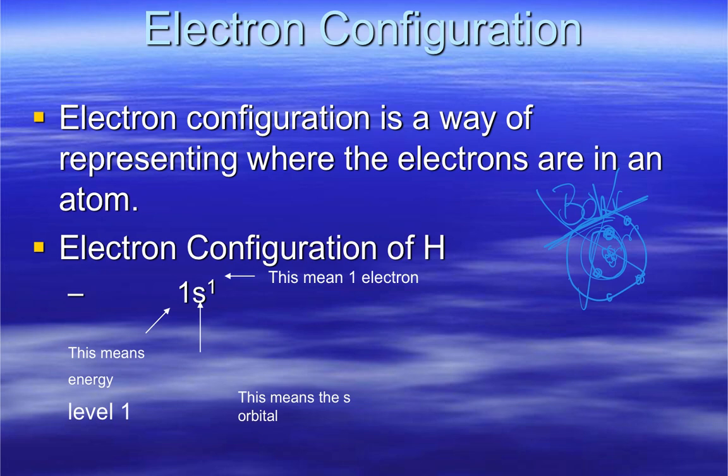This larger number represents the energy level. This letter represents the orbital, and the little exponent up top represents the number of electrons. These are 3 of the 4 quantum numbers. The 4th quantum number we'll save for college level chemistry.